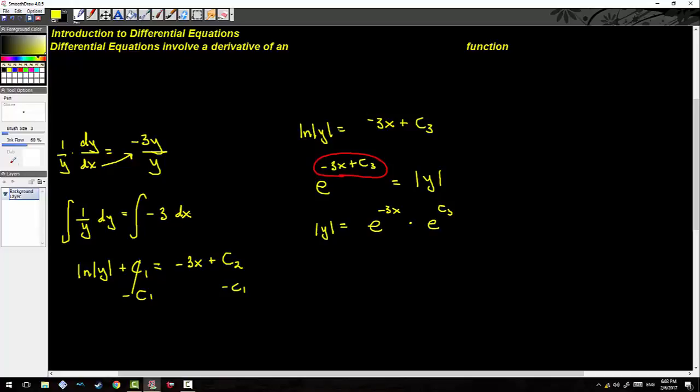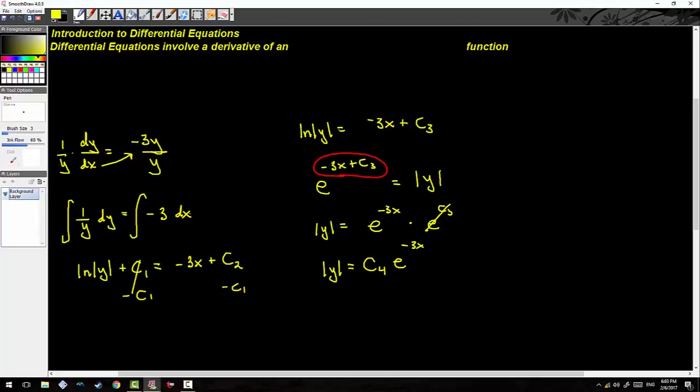And now from here, you guys are going to love this. e to the c3, some constant, right, raised to some constant. You'll never guess what this is. e to the c3 is c4. And that's going to be multiplied by e to the negative 3x. And I have the absolute value of y equaling that.